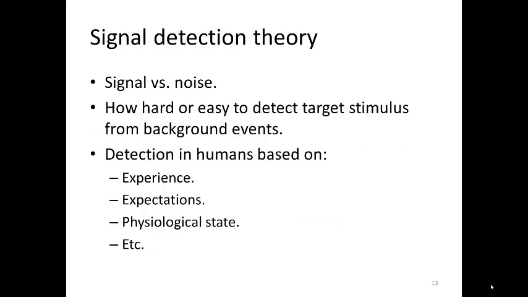Then you've got this thing called signal detection theory. Have you come across this before, signal detection? There are quite complicated mathematical ways of working out signal-noise ratios and so on. Sorry? It can be used in remote sensing, yeah. So in remote sensing, you've got a system and from that system you're trying to get the data out by working out whether you can see the signal or the noise.